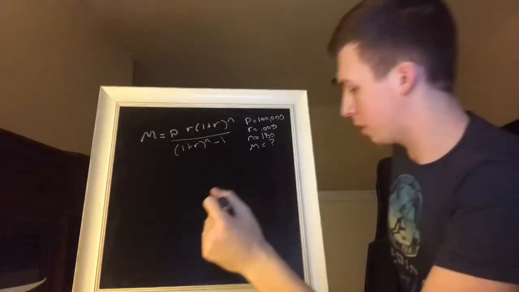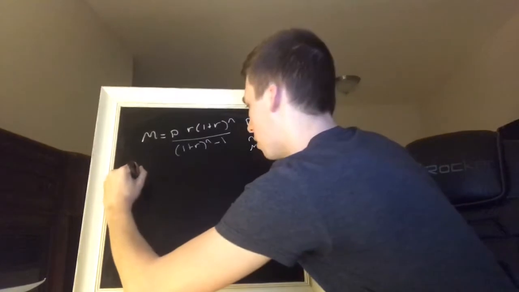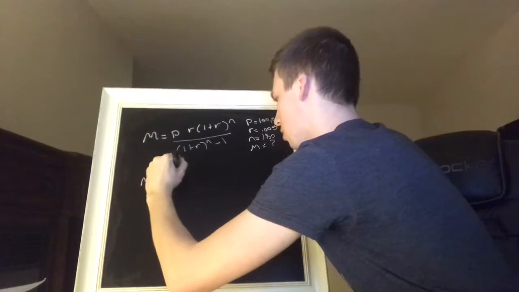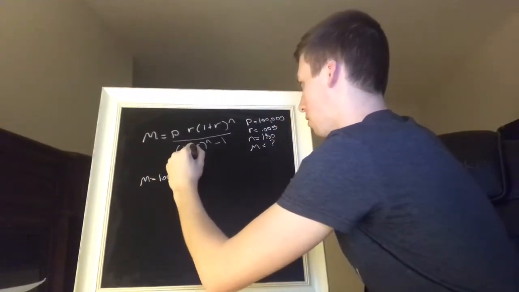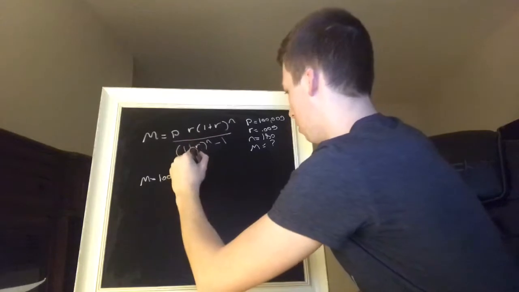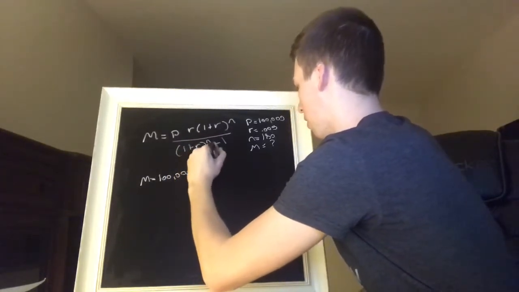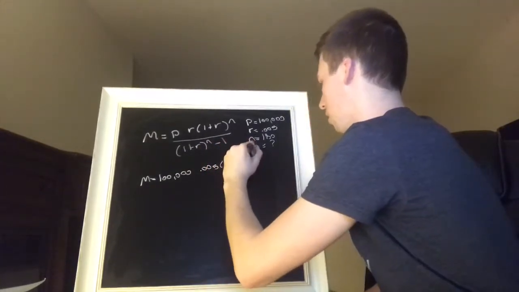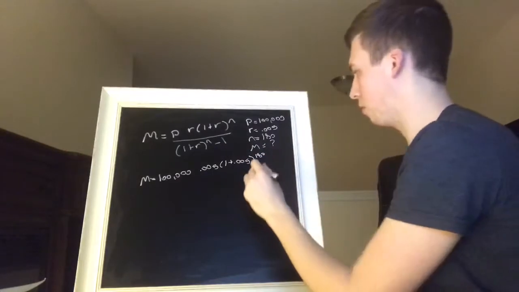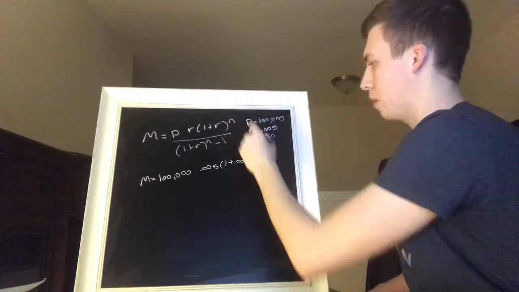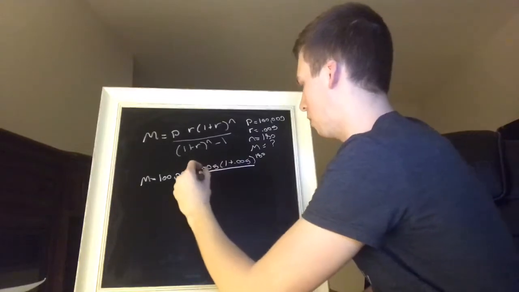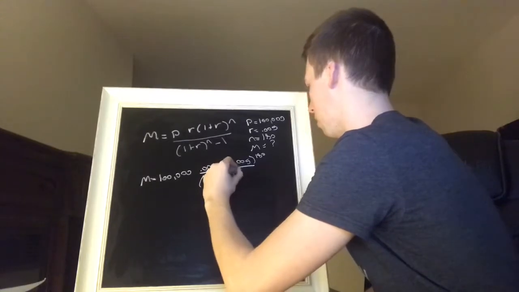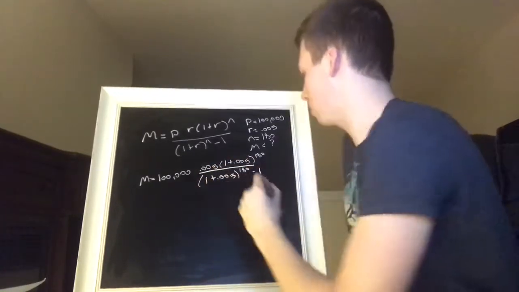So when you fill all these values in, you'll get M equals 100,000 times 0.005 times (1 plus 0.005) to the 180 for the number of payments, and this is over (1 plus 0.005) to the 180 minus 1.